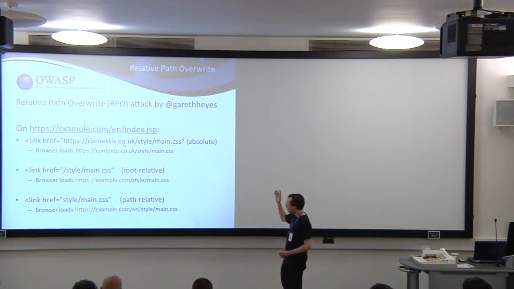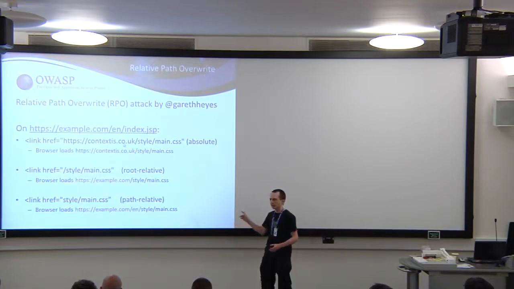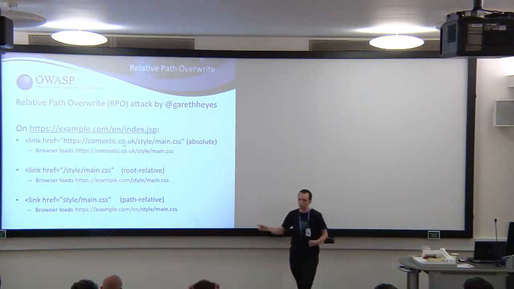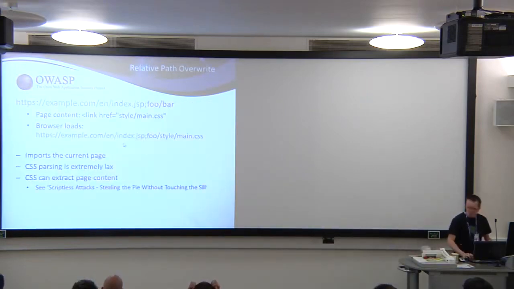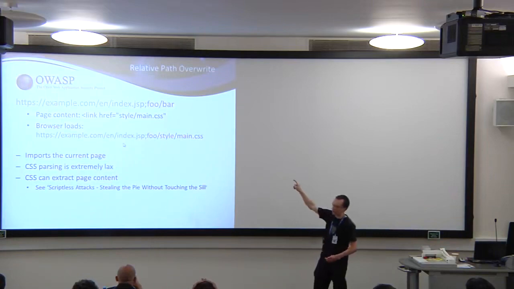In particular, path relative links rely on the web browser working out where the current page is located on the server, like what the path is. And in some cases, we can trick the web browser about what the current path is, such as on JSP and PHP applications. We can generally put arbitrary content that the browser will think is part of the path that is not, such as there.